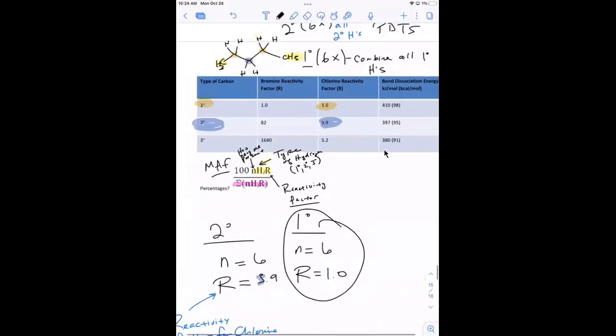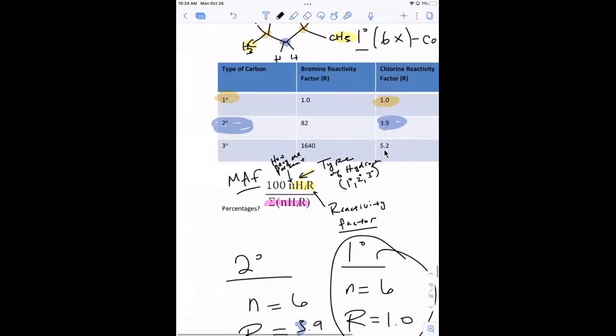For bromine, for a primary carbon, it's 1.0. For a secondary carbon, it's 82. And for a tertiary carbon, it's 1640. All right, we good so far?